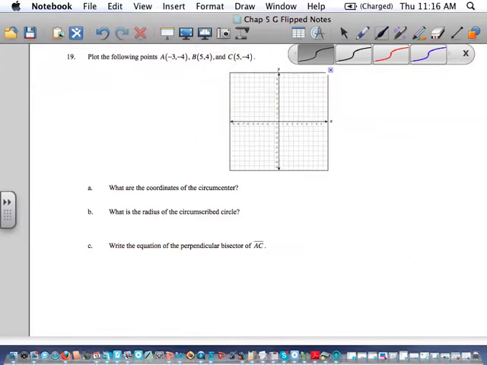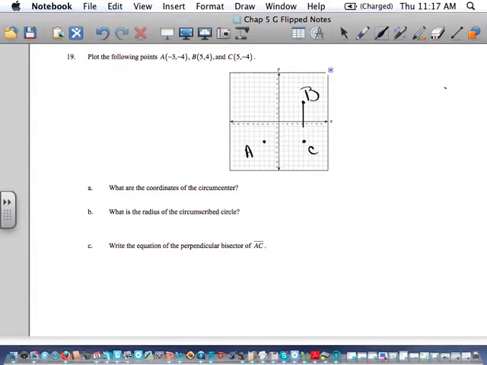Number 19, I have points A, B, and C. So I'm asked to plot those points. -3, -4. So there's the point A. 5, 4. There's the point B. And then C at 5, -4, which is right here, C. So I should recognize pretty quickly I have a right triangle.